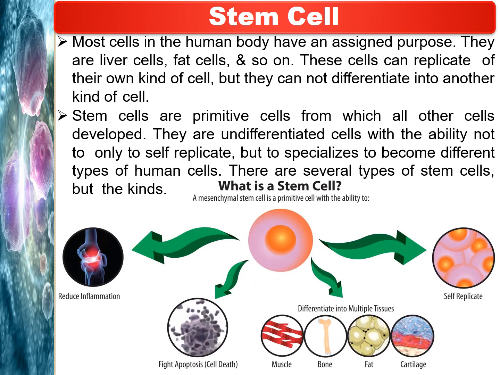A mesenchymal stem cell is a primitive cell with the ability to reduce inflammation. They can fight apoptosis, that is cell death, and they have the ability to differentiate into multiple tissues like muscle tissue, bone tissue, fat and cartilage tissues. And as we discussed, they also have the ability to self-replicate. Such primitive cells are called stem cells.